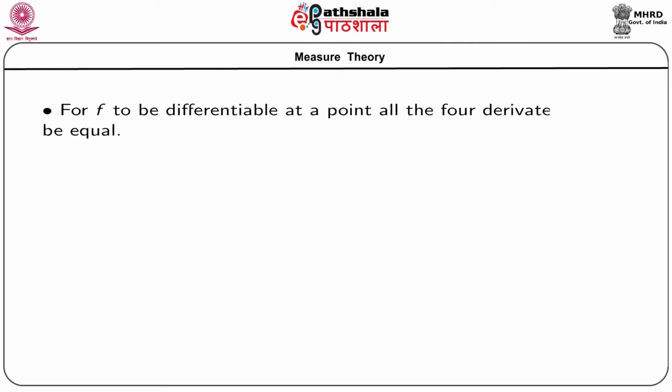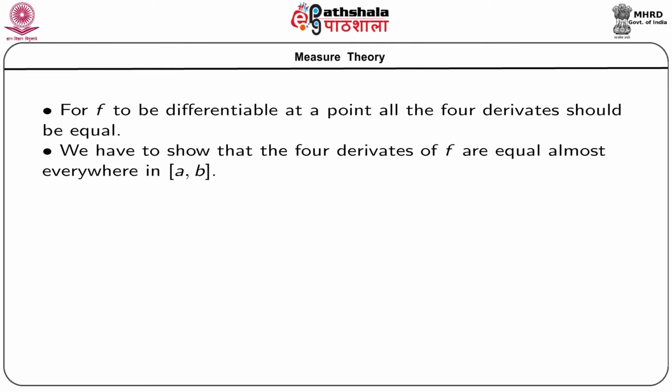So, first observe that for f to be differentiable at a point, all the 4 derivatives should be equal. So, we have to show that all the 4 derivatives of f are equal almost everywhere in closed interval [a, b].